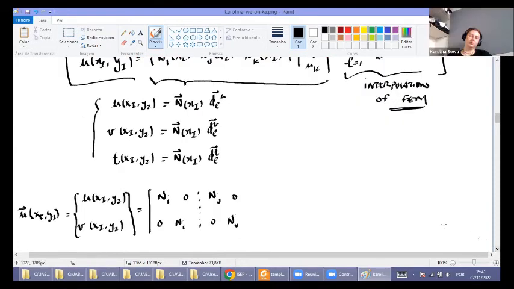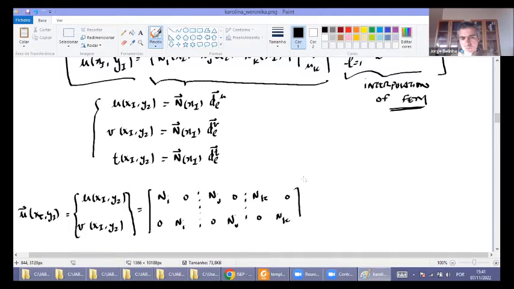Nj, Nk, multiplied by u of node i, v of node i, u of node j, v of node j, u of node k, v of node k.